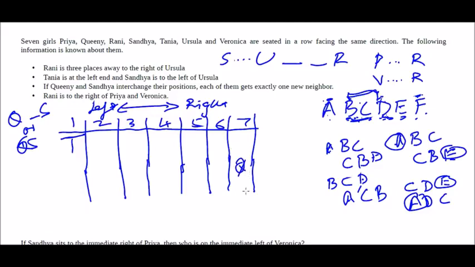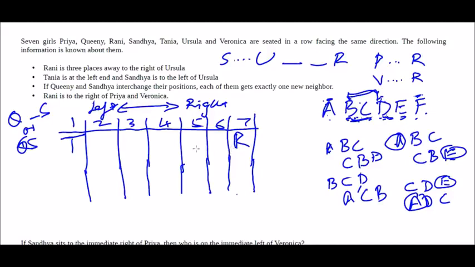So Queenie cannot sit at the end, Sandhya cannot sit at the end, Ursula cannot sit, P and V cannot sit, T cannot sit. So the rightmost person has to be R. So let me erase this scenario. Okay, so R's position is fixed.